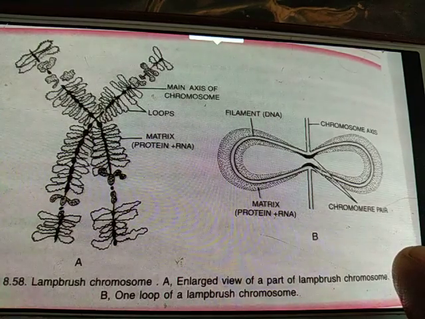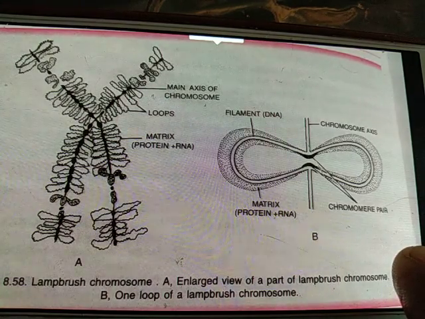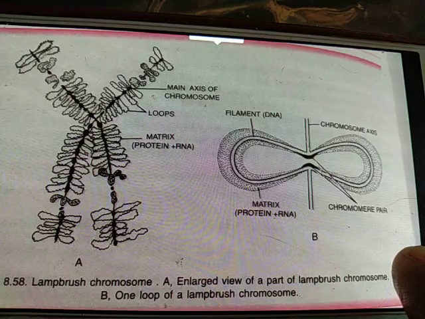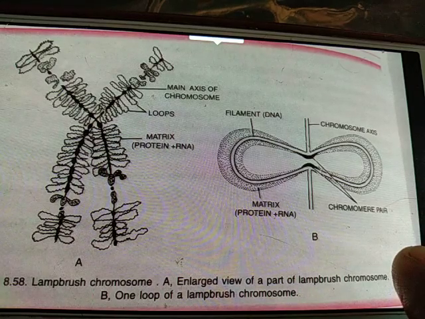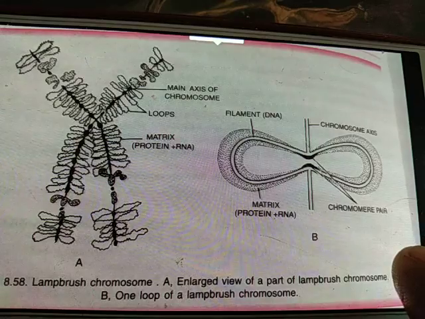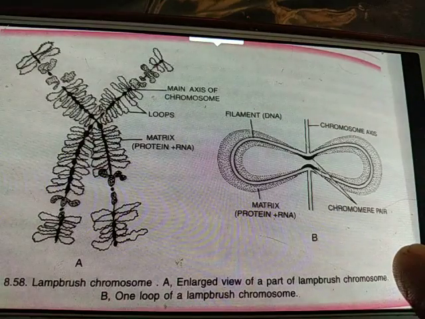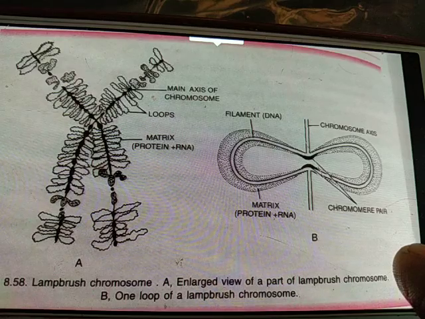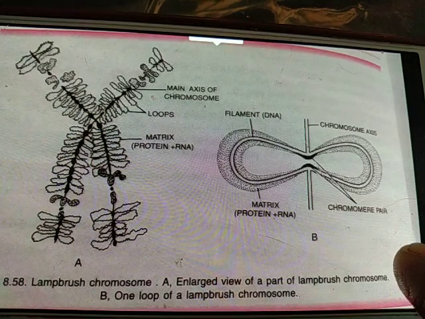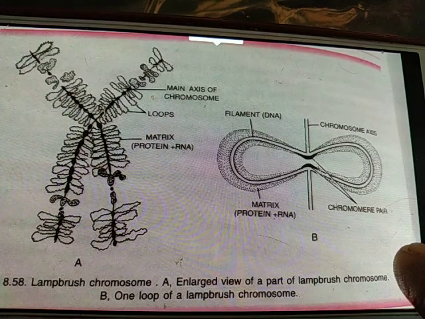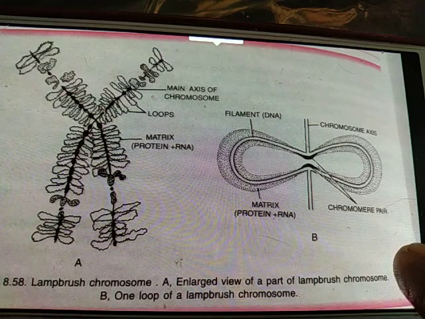Both the chromatids bear rows of a large number of chromomeres. Two adjacent chromomeres are separated by the interchromomeric stretches. Many of the chromomeres give out lateral projections or loops.